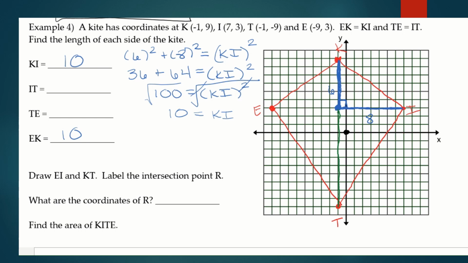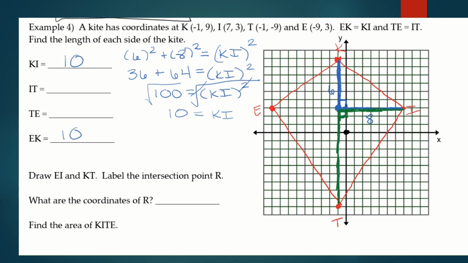So you'll notice by doing that, I've created a leg and another right angle. Now I have another right triangle that I'm creating in green here, using one of the legs from the original right triangles that I created for KI and drawing in the other leg.